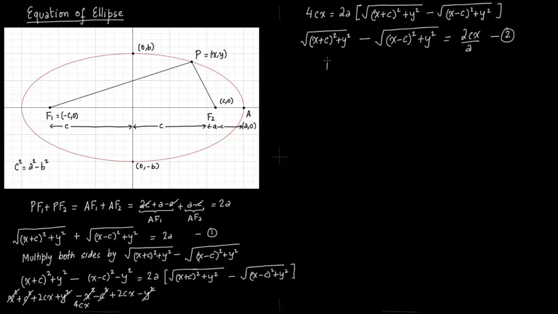So this is equation 2. Now we add equation 1 with equation 2. You get 2 times square root of x plus c whole square plus y square is equal to 2cx by a plus 2a. Now again 2 cancels out.